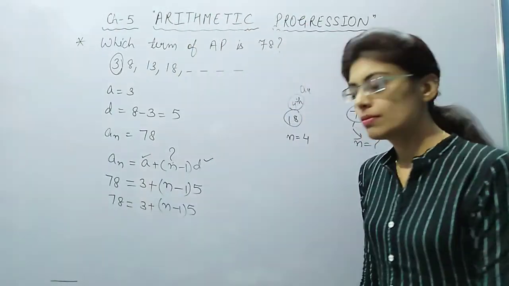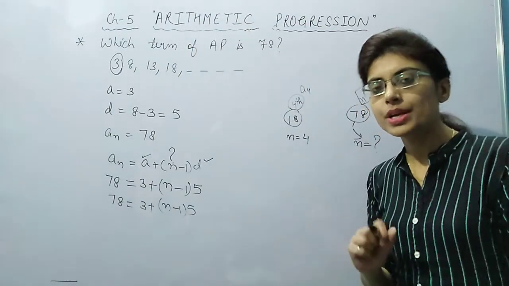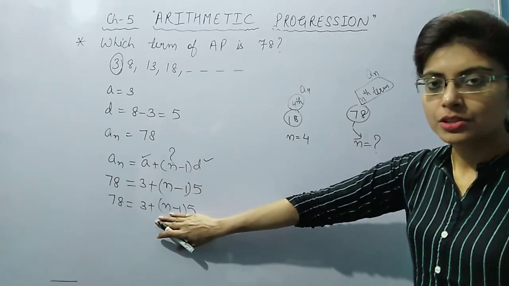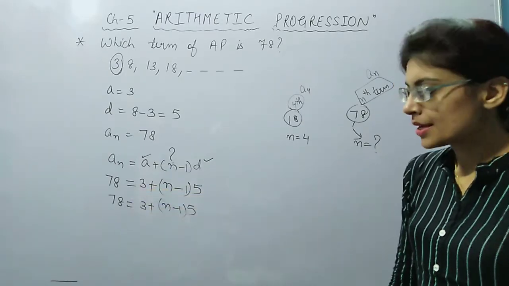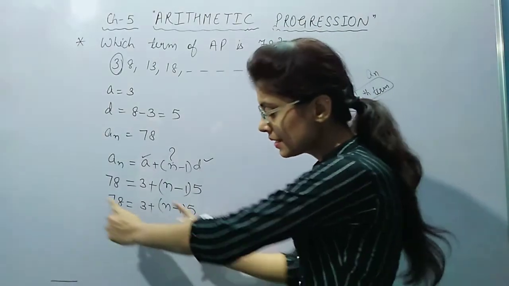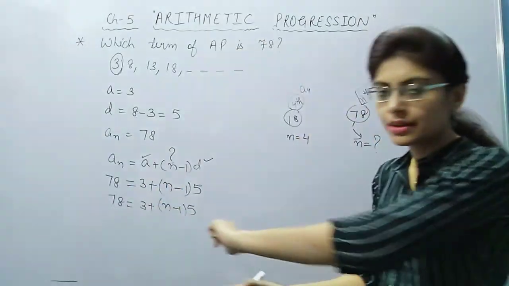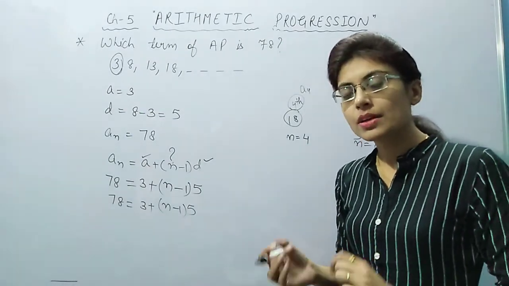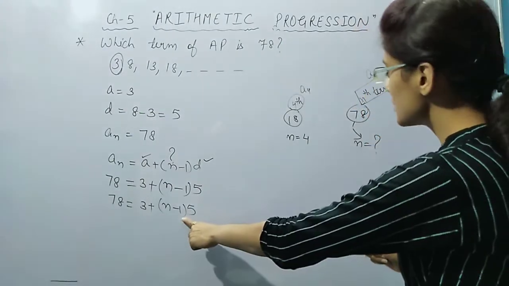I told you one rule to always remember to make the calculation easy: the side having the variable should lie on the left hand side. So I will interchange the sides. When you interchange both sides, signs never change.